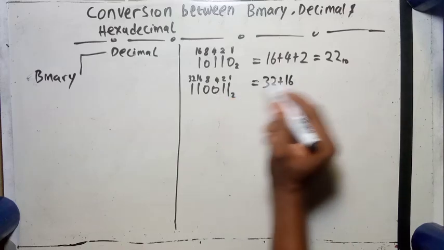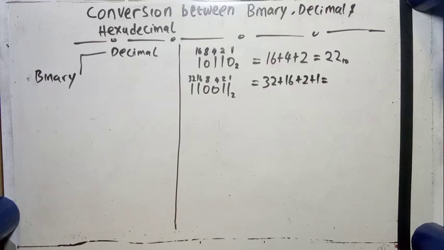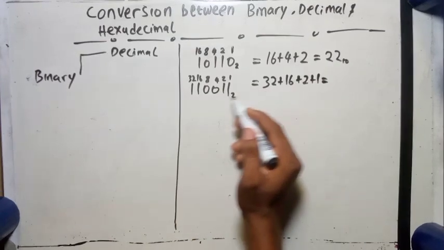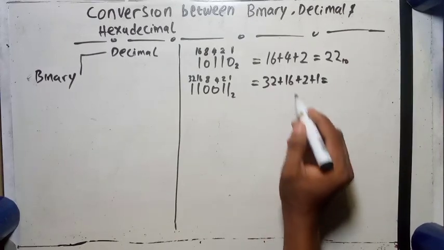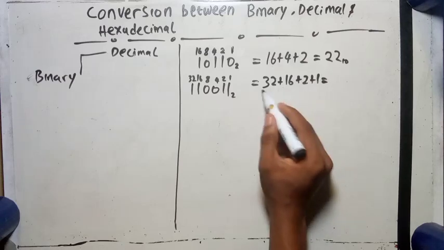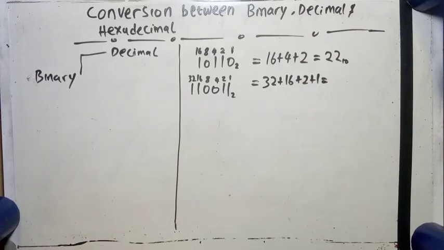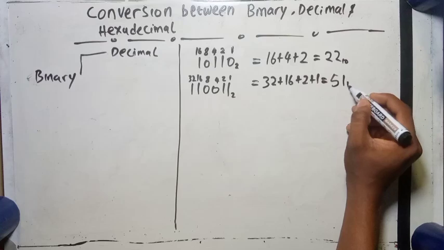We're going to be neglecting 8 and 4, and then 2 and 1. Adding the three of them together will give us 19. 19 plus 32 will give us 51. Base 10.